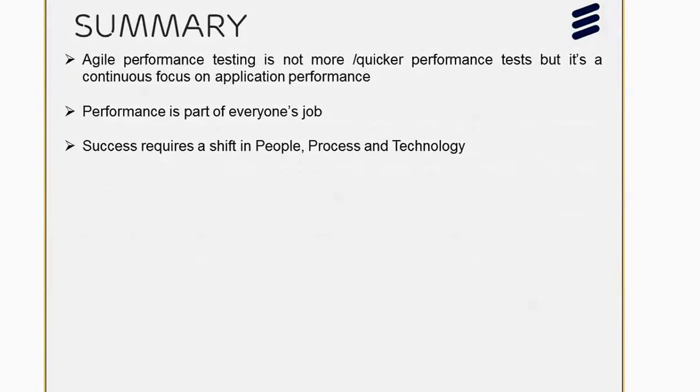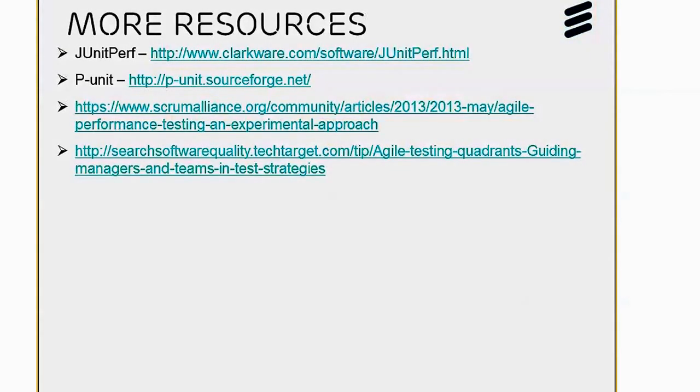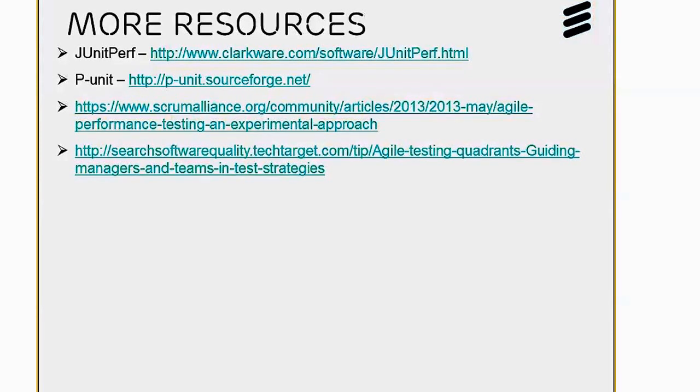Finally, I've added some resources on what can be done for unit level performance testing. There are a few frameworks, such as JUnitPerf and PUnit. These are unit level performance testing frameworks which can be used for doing unit level performance testing.